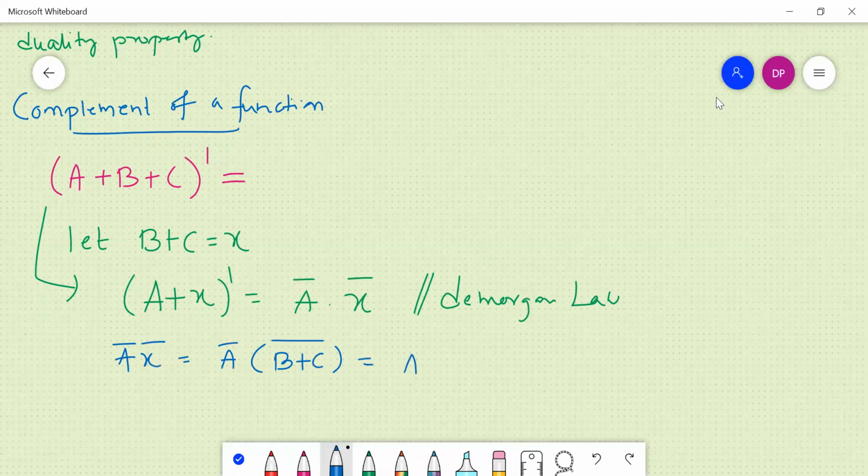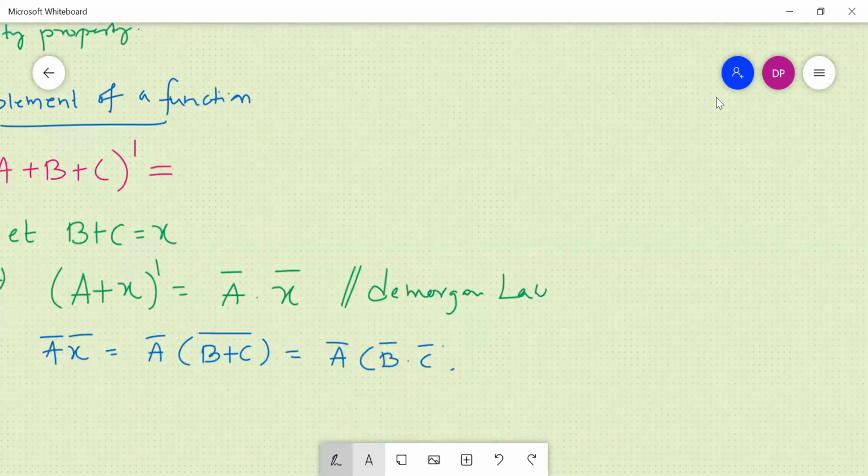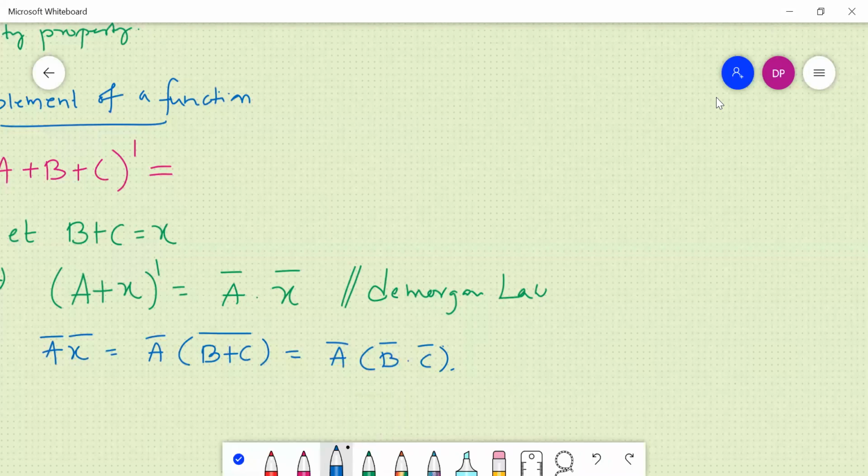So what is b plus c complement as per De Morgan's law? It is b complement into c complement, right? So what will be the answer? It will be a complement, b complement, c complement. We're finding answer for this.